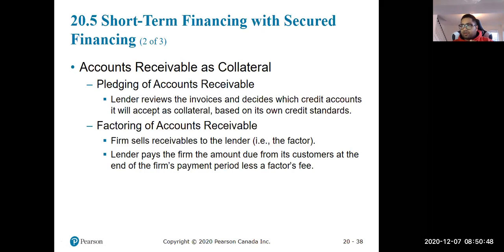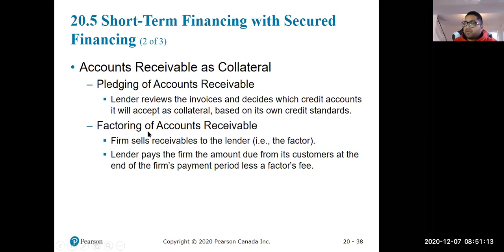So that accounts receivable, you can keep with the bank as collateral and borrow money from them. The lender reviews the invoices and decides which credit accounts it will accept as collateral, based on its own credit standards. So banks will study those receipts, accept whatever receipts it can use, and give you money against that.